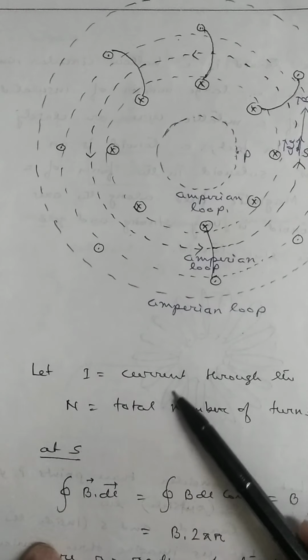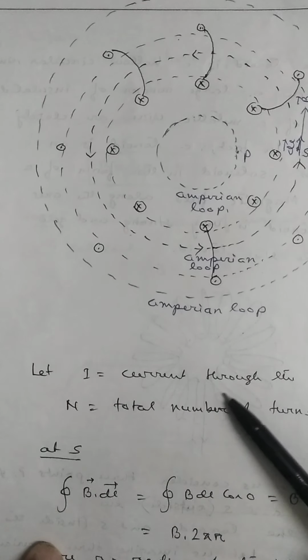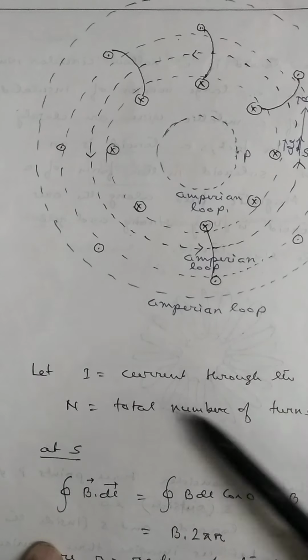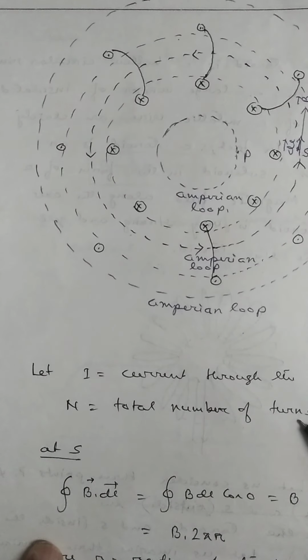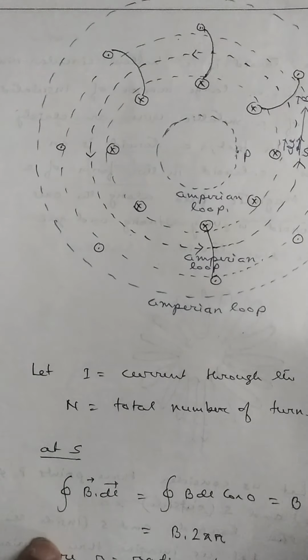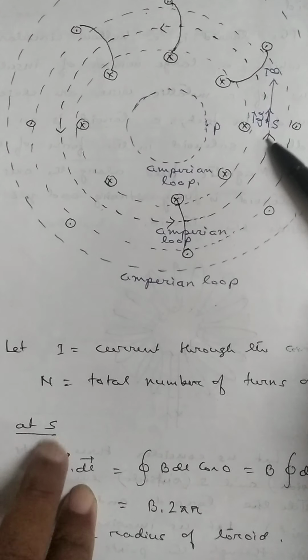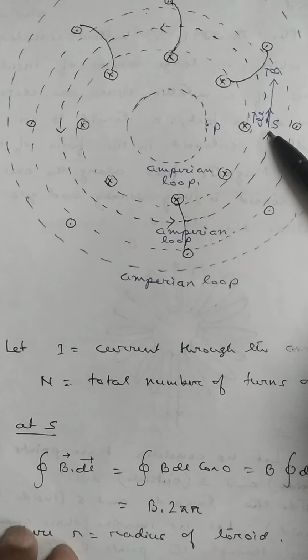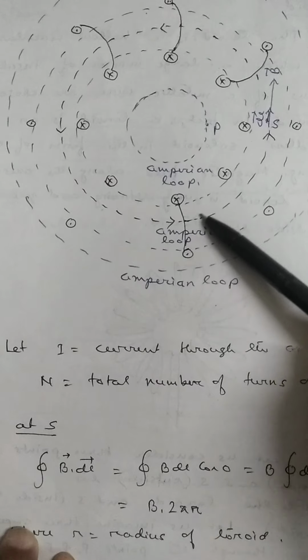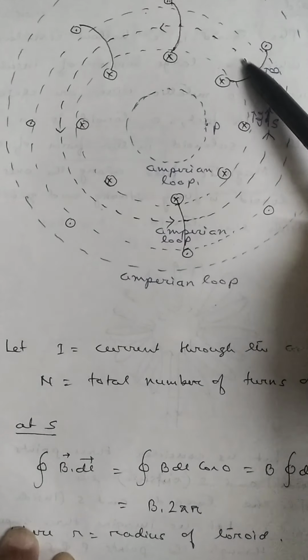Let capital I be the current passing through each turn of the toroid. Capital N is the total number of turns of the toroid. Now, at the point S, this is the direction of lines of force also.